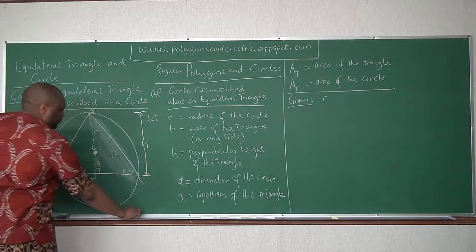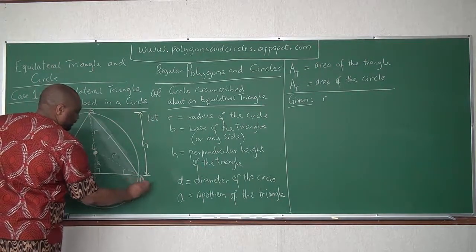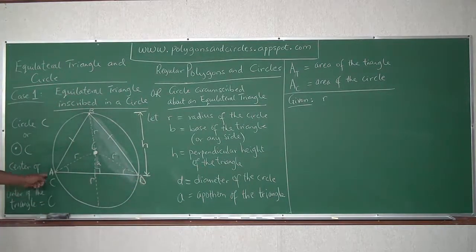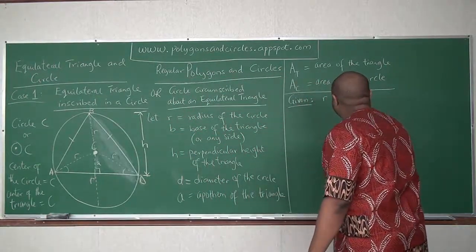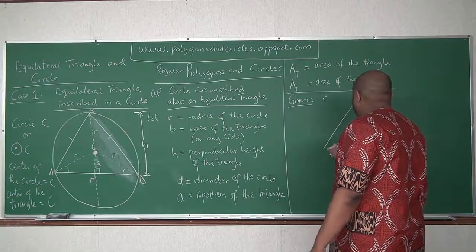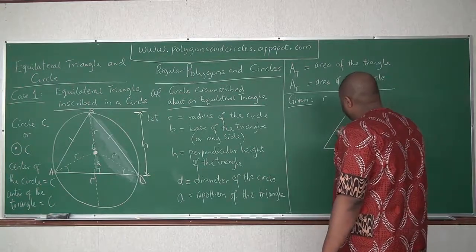Well, ABD, because we have center C. We do know that ACD is an isosceles triangle, ACB is an isosceles triangle, BCD, triangle BCD, they're all isosceles triangles. Because you have the whole thing here at 60 degrees.